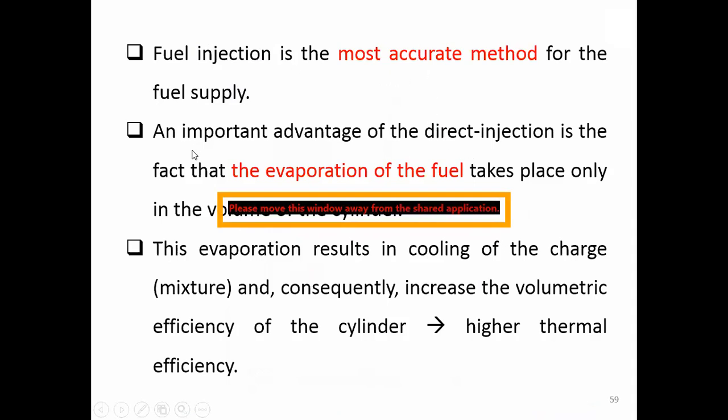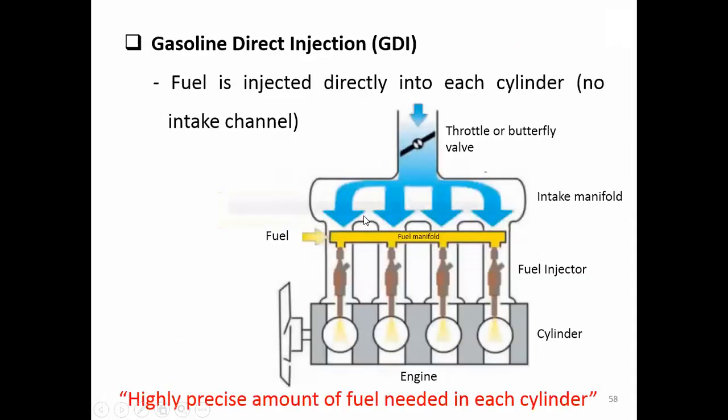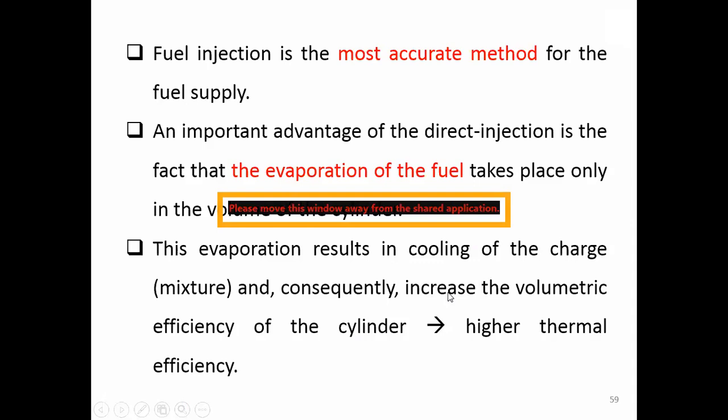Okay, an important advantage of the direct injection is in the fact that what? The evaporation of the fuel takes place within the volume of the cylinder. The evaporation takes place in here. This evaporation will help the engine in terms of cooling down the cylinder, because when the fuel evaporates, it will draw heat. So where does the heat come from?